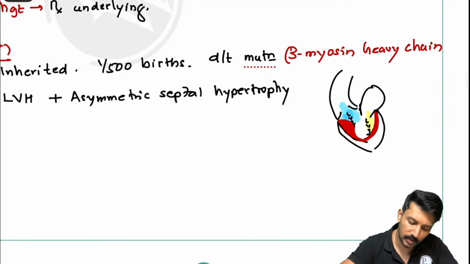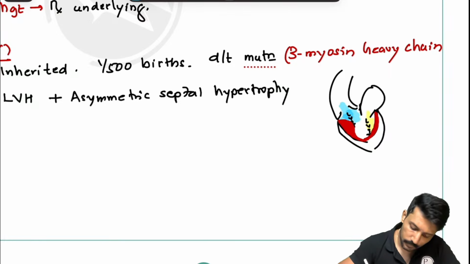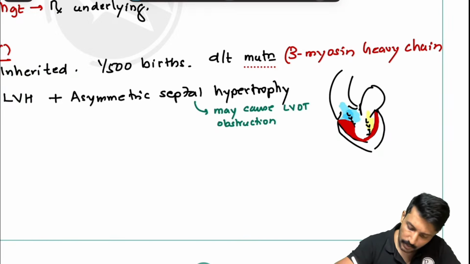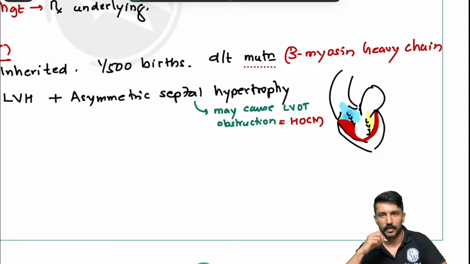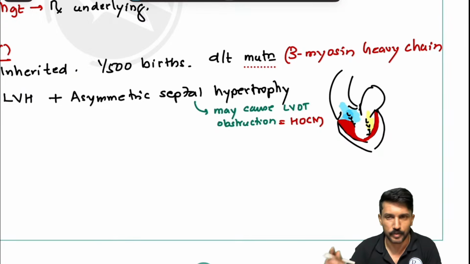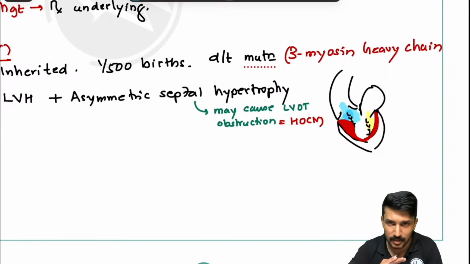So this asymmetric septal hypertrophy may cause left ventricular outflow tract obstruction, and when it is causing obstruction, then we will call it hypertrophic obstructive cardiomyopathy. HCM and HOCM are not different diseases, just a spectrum of the same disease.